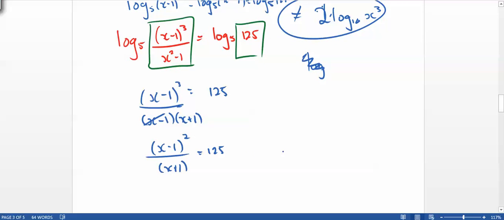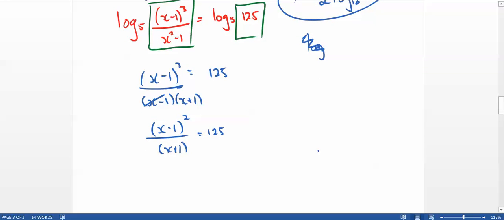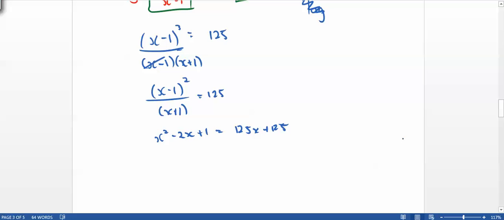Okay, so we can go from here, and I'm going to expand. That's x squared minus x minus x, which is minus 2x, plus 1, is equal to 125x plus 125. All right, let's rearrange. I've got x squared minus 127x minus 124 is equal to 0.